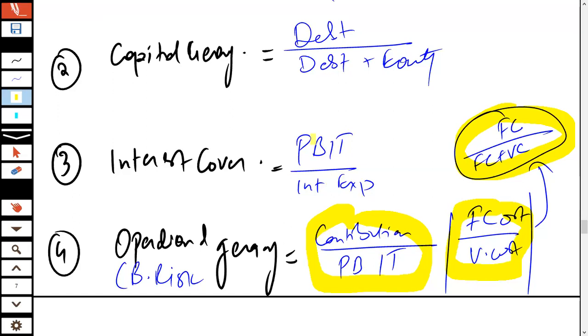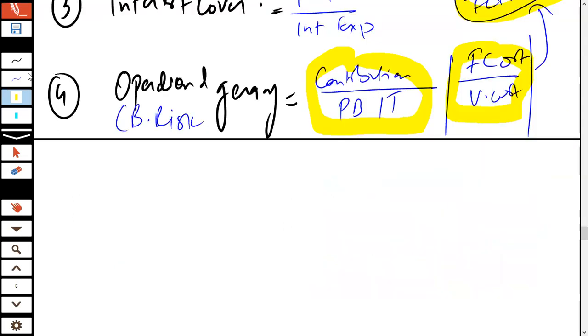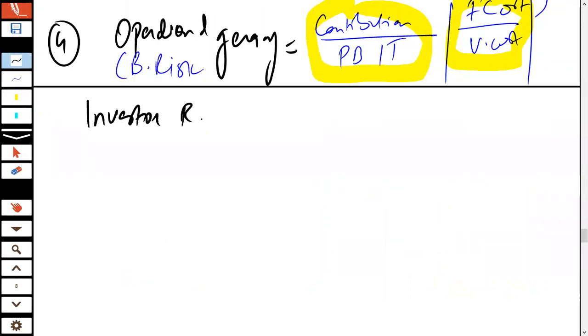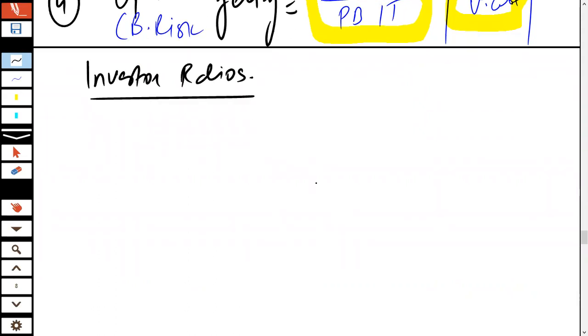Okay, good enough. So now we have got the final head, which is going to be the investor ratios. There is at times an overlap between the investor ratios and the profitability ratios, but I'm going to talk about them.